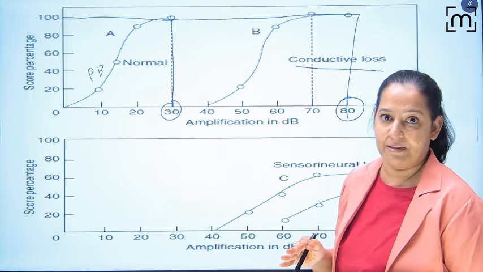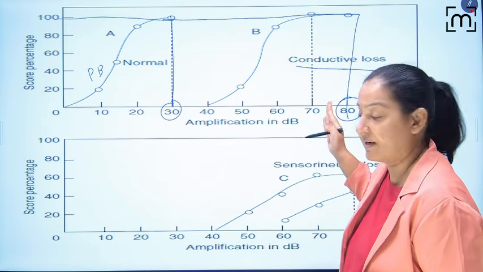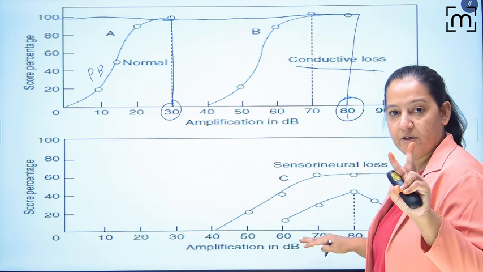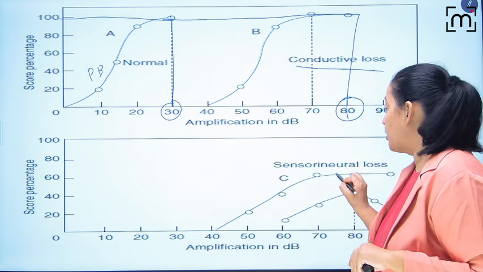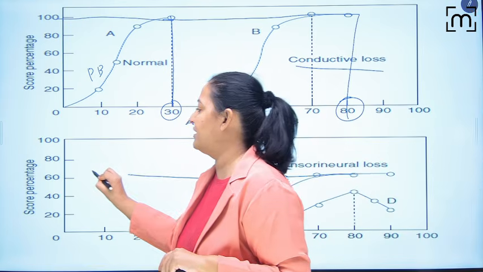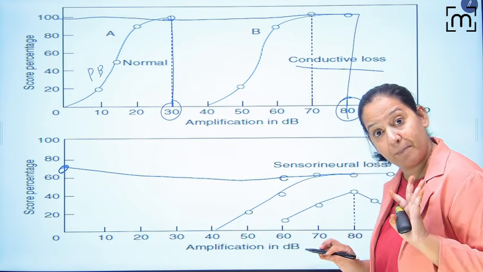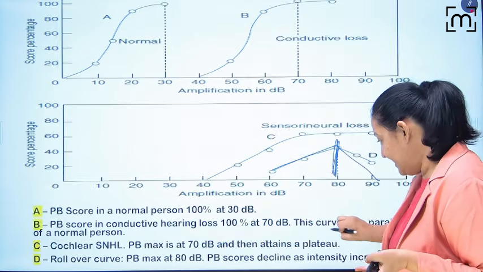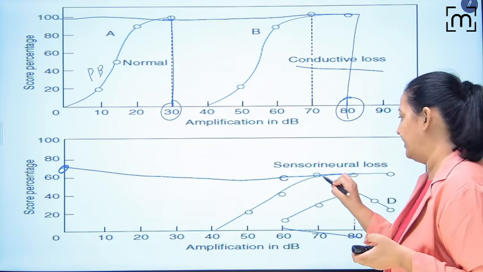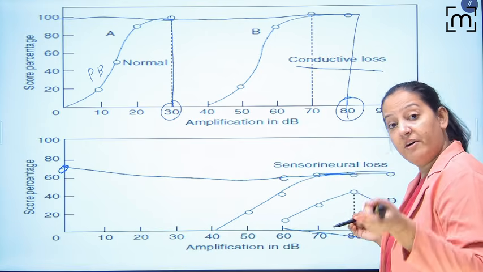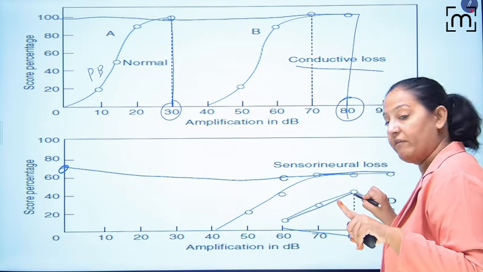So normal is done, conductive is done. In sensorineural we have two types, cochlear and retrocochlear. In cochlear, the maximum correct is 70. Only 70 words out of 100 are repeated correctly, even on increasing the intensity the score doesn't improve. But in retrocochlear, there is the rollover phenomenon.